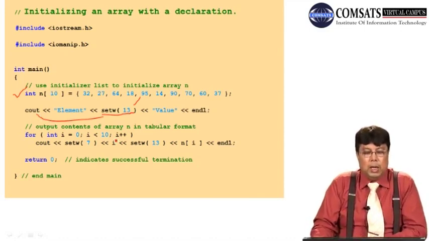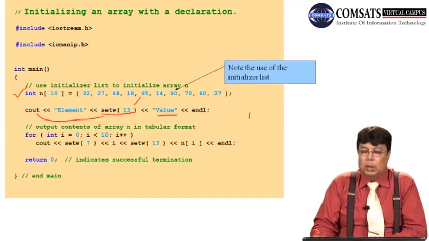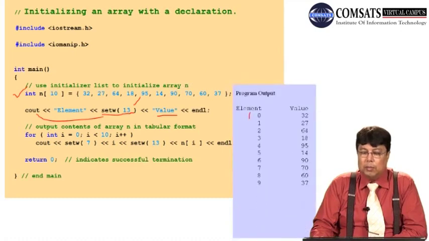So here it is just printing the header element, the header value, and the end of the line, and then we can put the output here also. This is the initialization list and this is the output, and this time you see that the output is not 0. Where is the cursor?